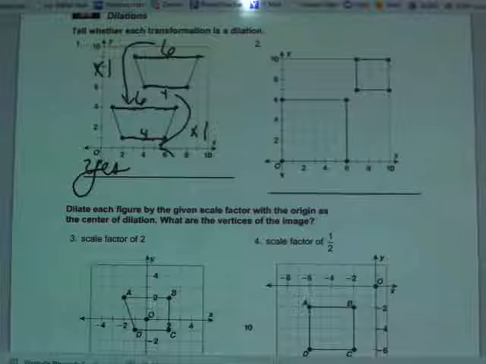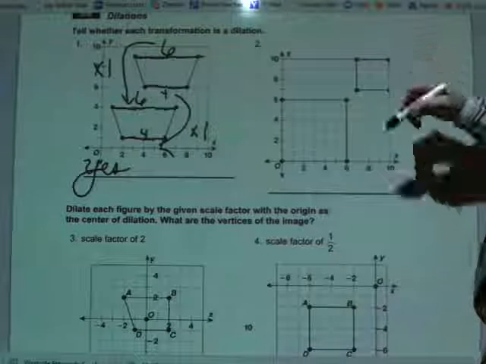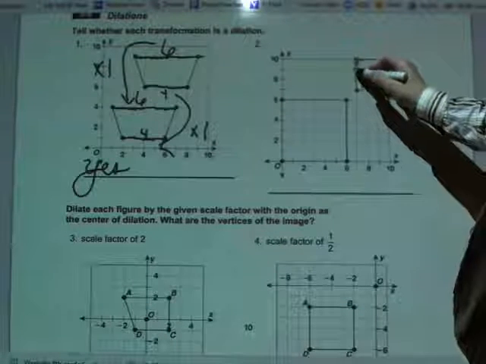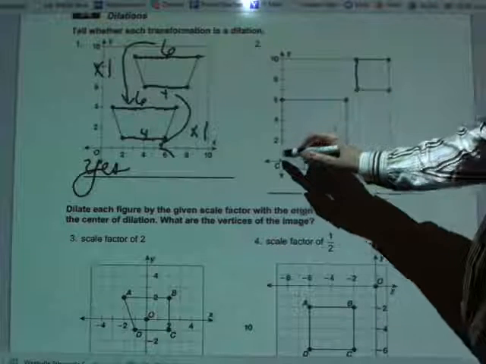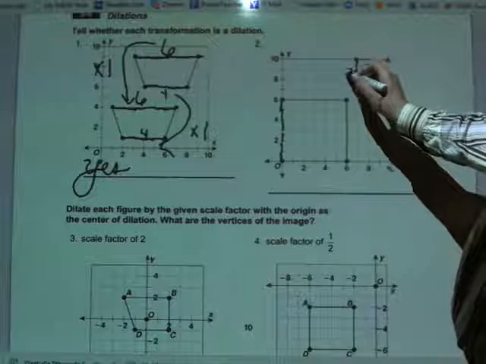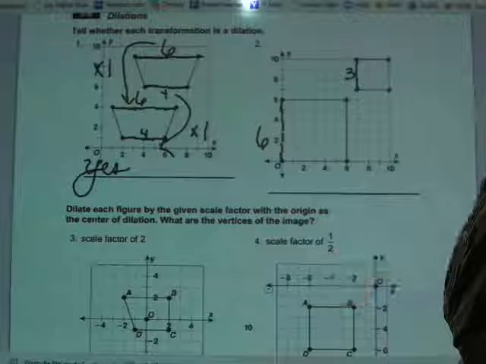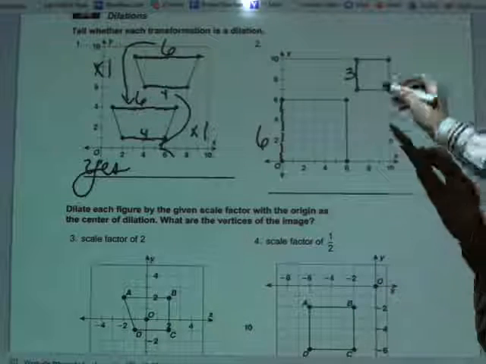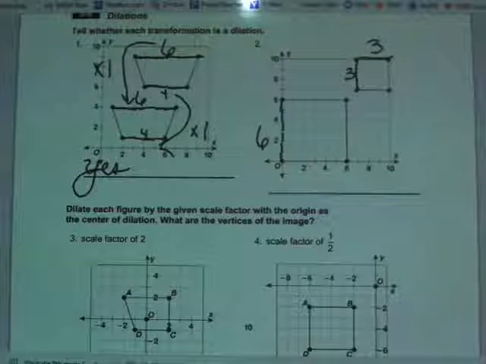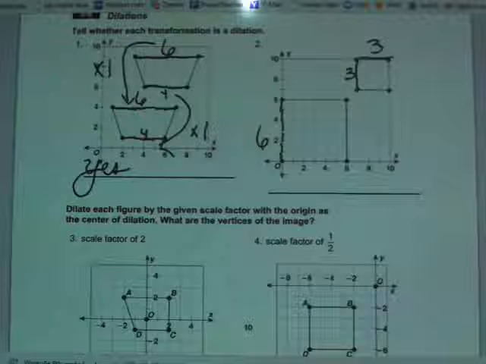So if we look at this one here, these kind of squarish looking shapes, we see that the height is 3 here, and when I come over here, the height is 3, 4, 5, 6. So we're going from a height of 3 to a height of 6. And when we're looking at the widths, we've got a width of 3, and that confirms this is a square because we have right angles.